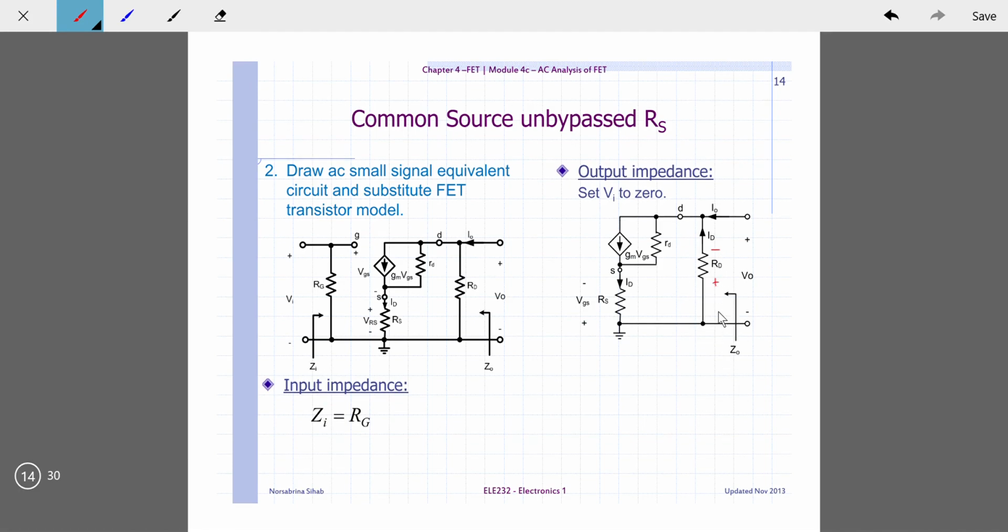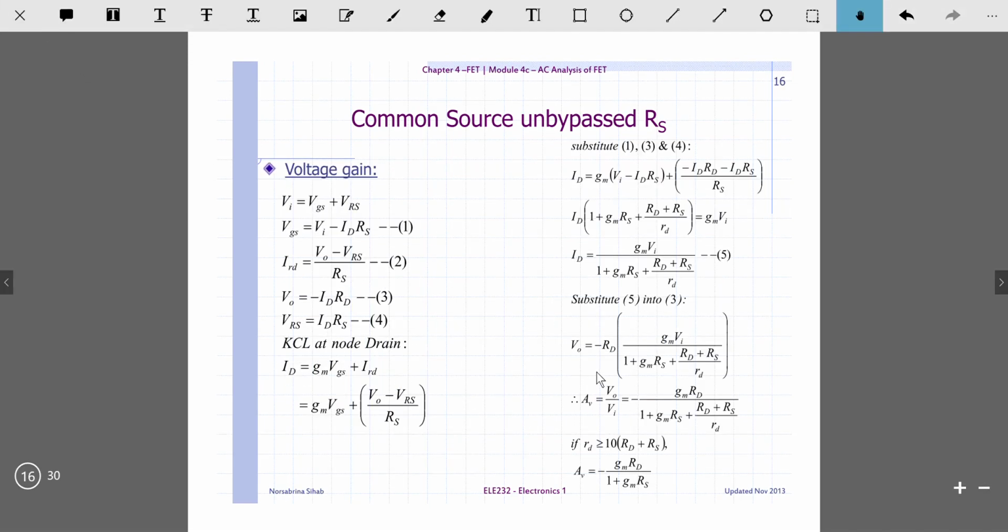So when you do a loop here, you will get minus V out and then minus IDRD equals 0. So from there you will get V out equals minus IDRD. That is equation number 3. And for VRS equals IDRS.